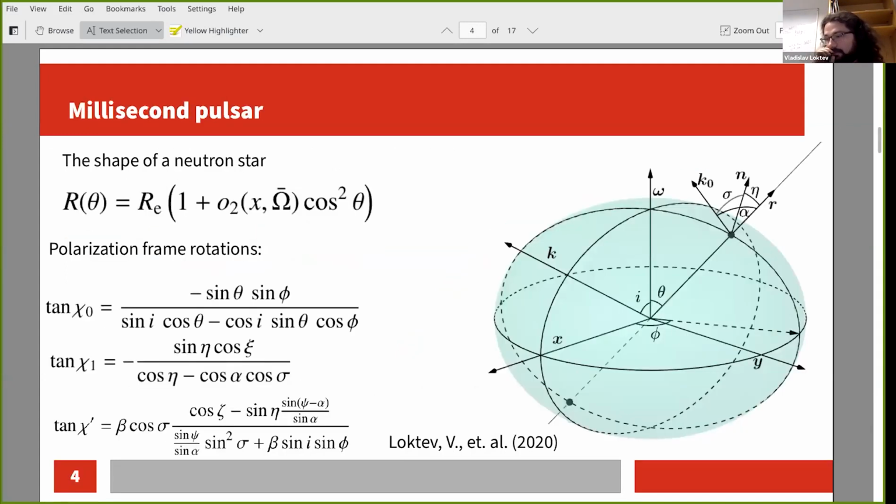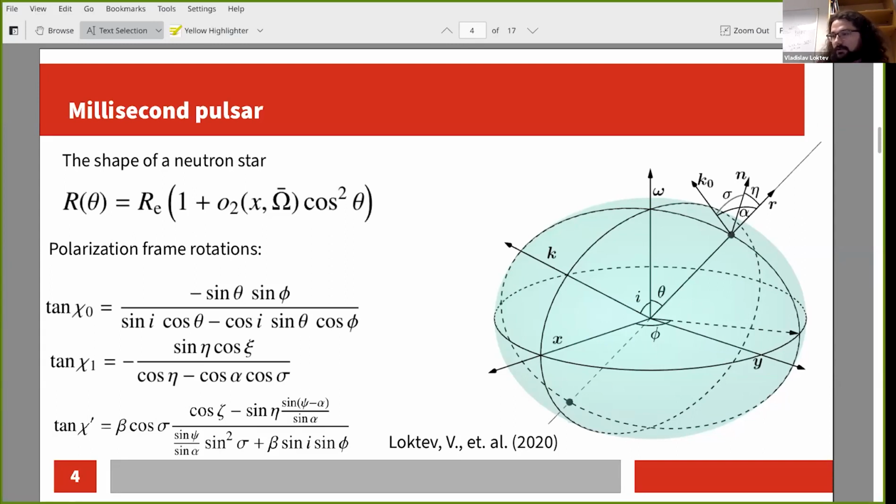In a paper that was actually precedent to this work, we applied this idea to an accreting millisecond pulsar. The point was to take into account the geometrical effects of the oblate shape of the neutron star due to its fast rotation.